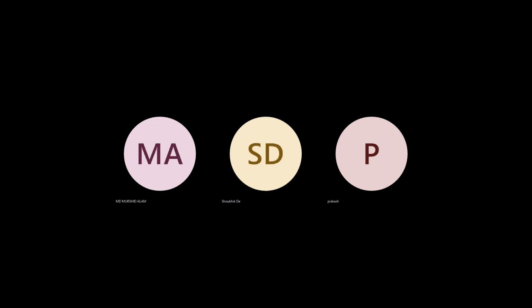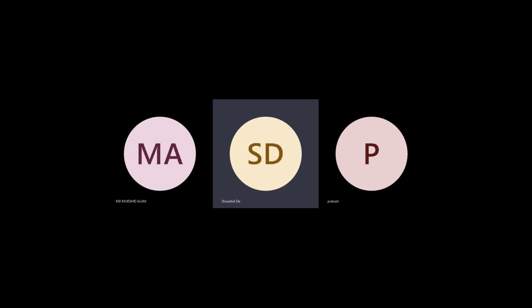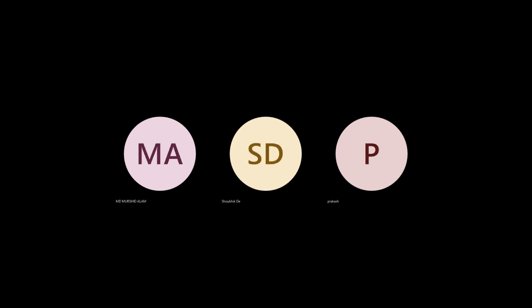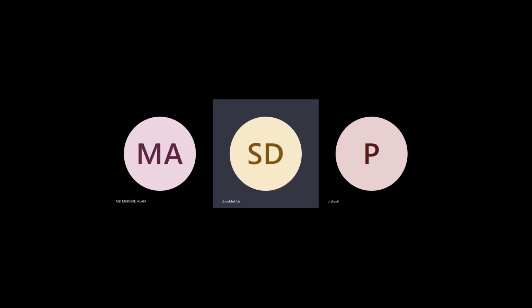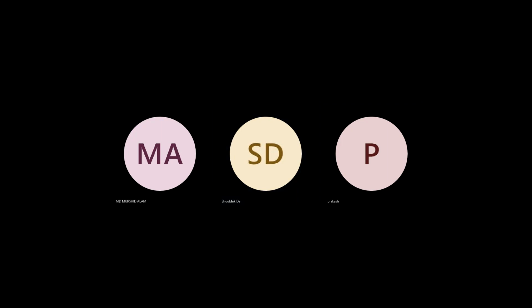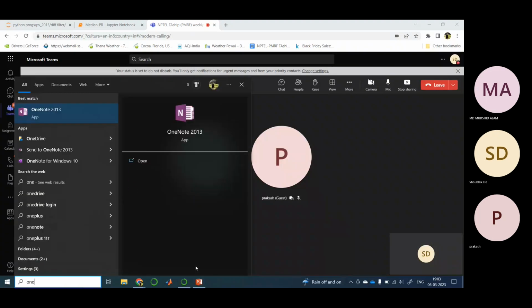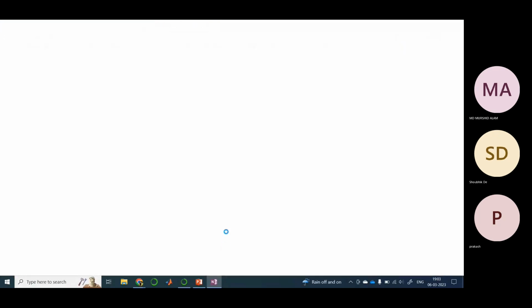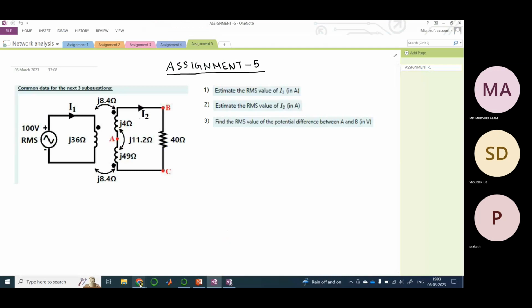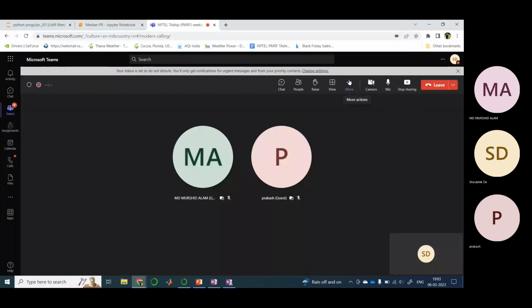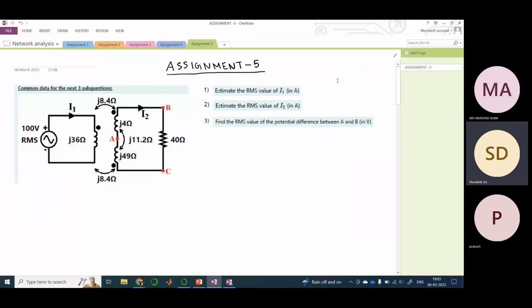So I will be just sharing my screen, and I have allowed the mic for both of you. In case you have any doubt, you can just unmute and say. So I hope you are able to see my screen.